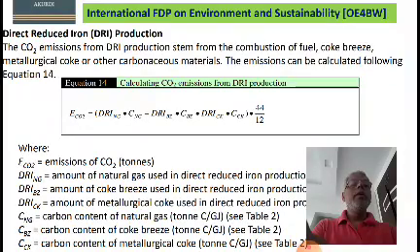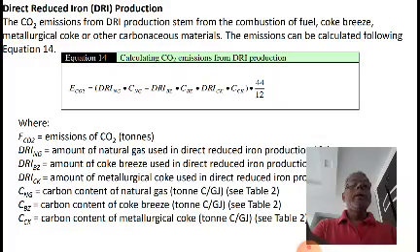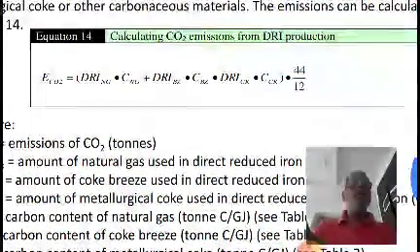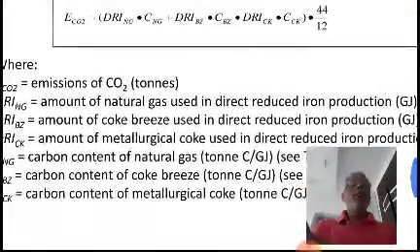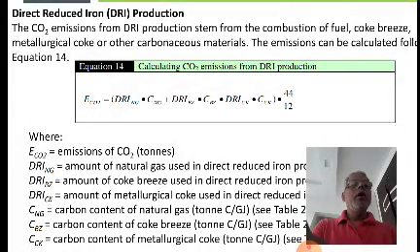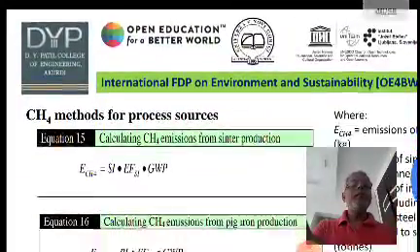Then for direct reduced iron production, you can use this equation, ECO2 into DR into 44 by 12. By this, you can calculate the CO2 emission from direct reduced iron production, right?